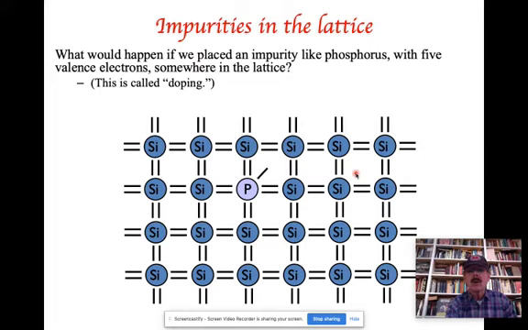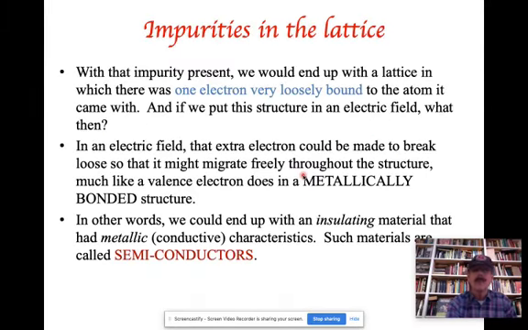Let me go back. You could break it loose and actually get it so that it could migrate through this structure. And if you did that, what you would end up with would be an insulating material that had conducting properties. Okay, and that's what a semiconductor is.